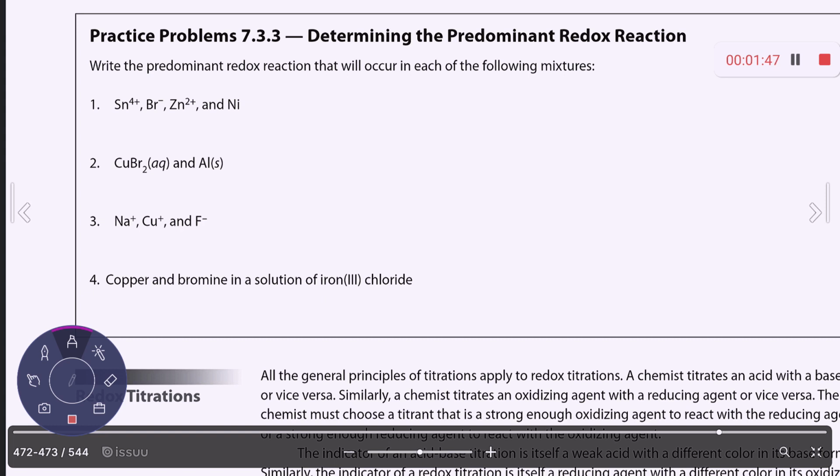Sn+4. Yeah. Okay, and then bottom right, Ni, good call. Okay, so these two are the winners. We don't care about the other ones. So since Sn+4 is in the top left, we're going to write that half reaction as it is, in the order that it's written. And then we have to reverse the order of this half reaction.